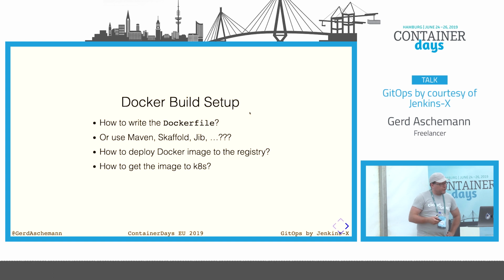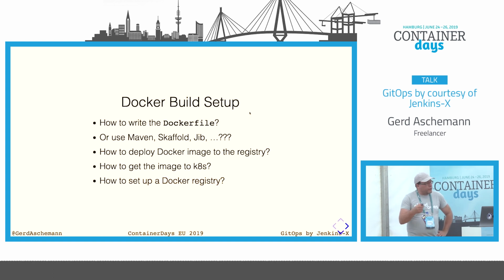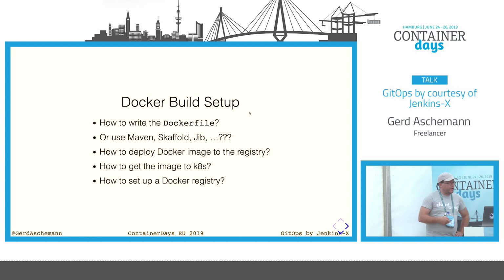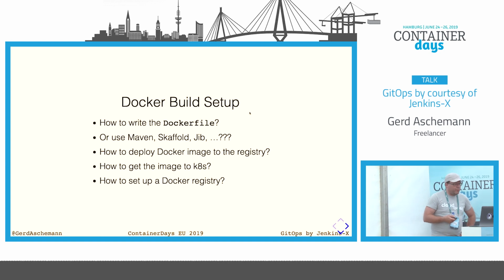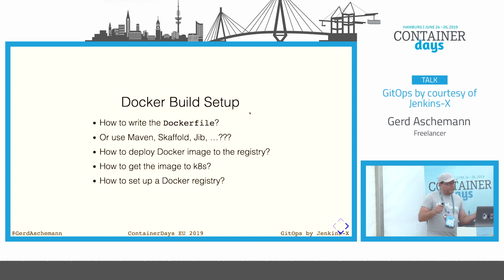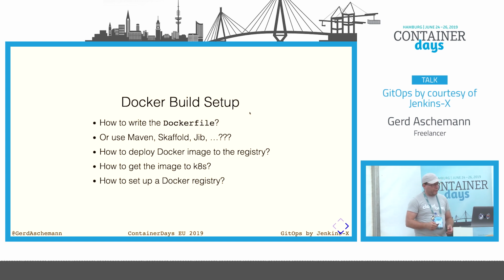How do we get the image to Kubernetes? How do we set up the Docker registry, etc. So a lot of things we have to do upfront before we can really do our development. Maybe if we just want to get a walking skeleton, so a simple empty application into Kubernetes, we have to do a lot of things as a developer.